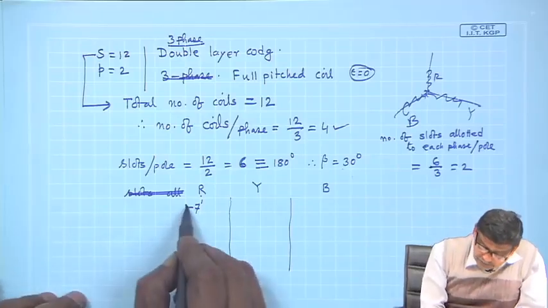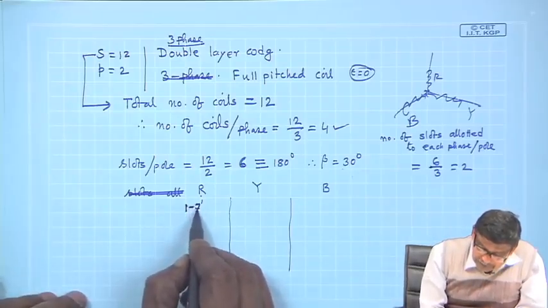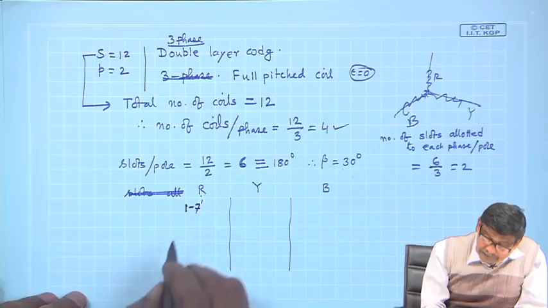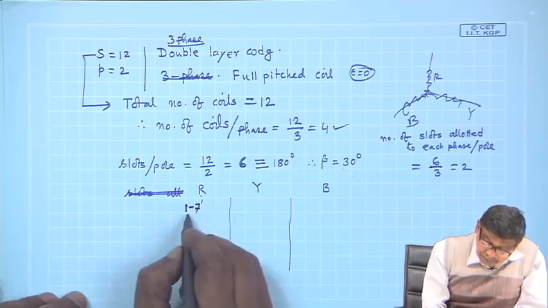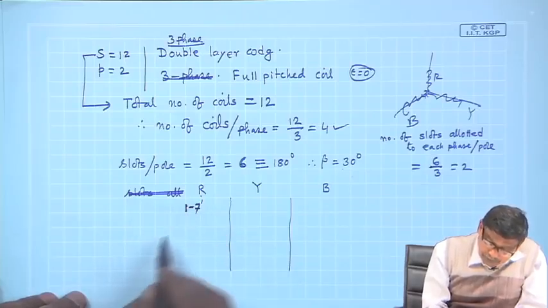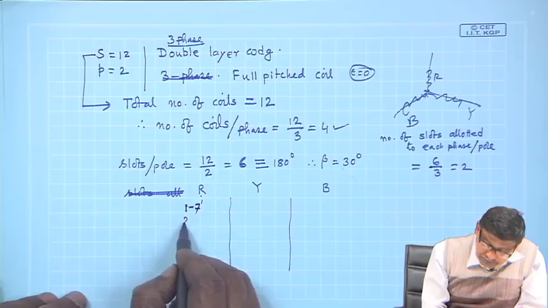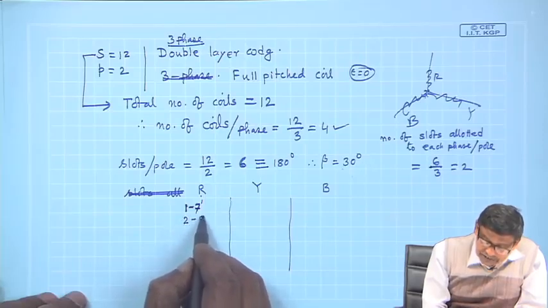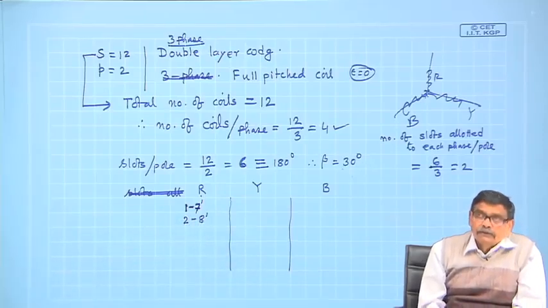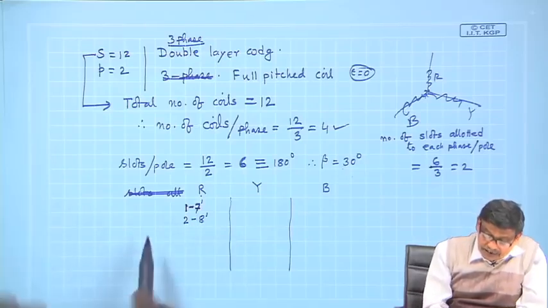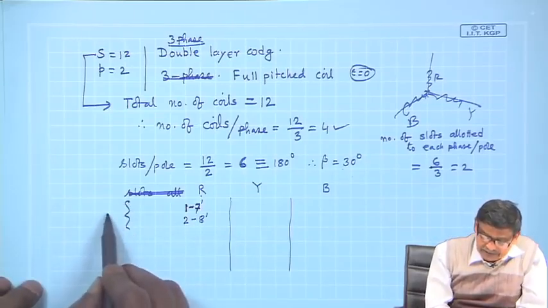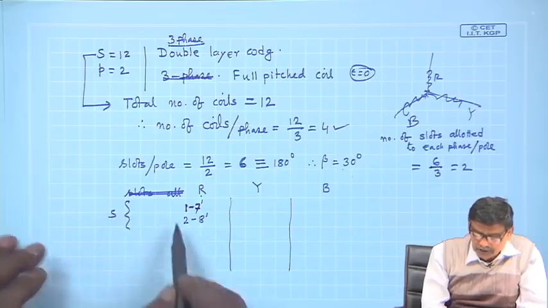So, I start with 1, give 7 dashed. Then the second coil, because 2 slots are available, this 2 should be 8 dashed. So, R phase has 2 coils, and perhaps this is under, say, south pole or north pole, whatever it is.